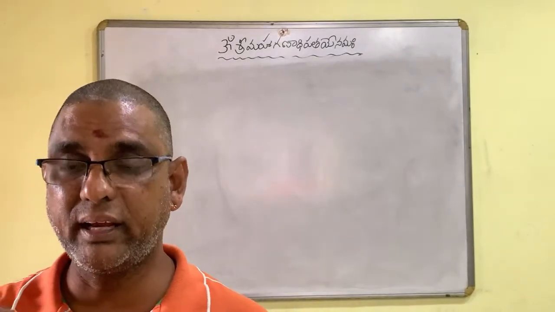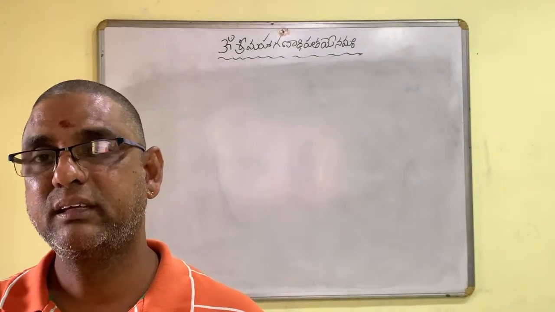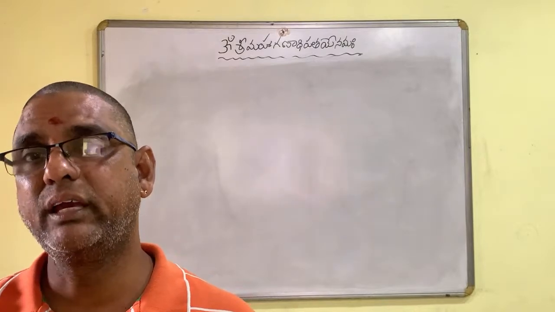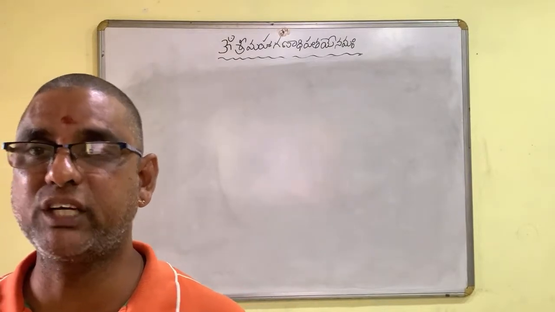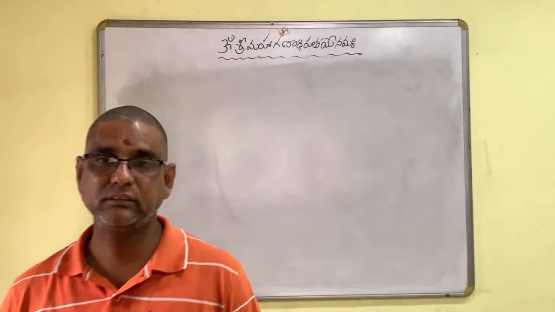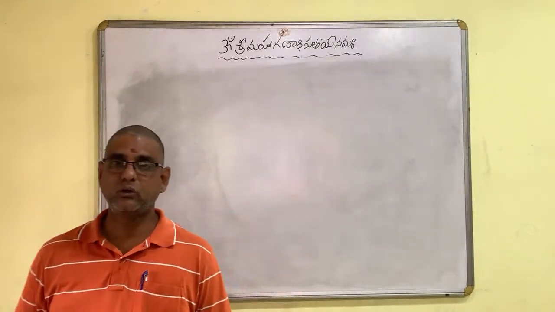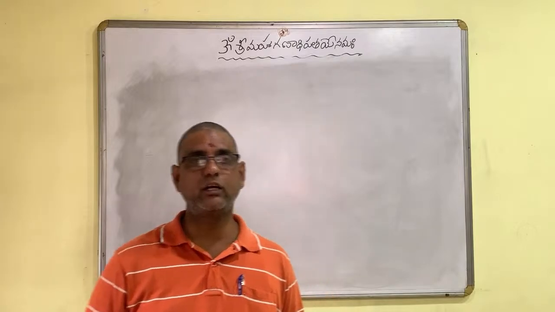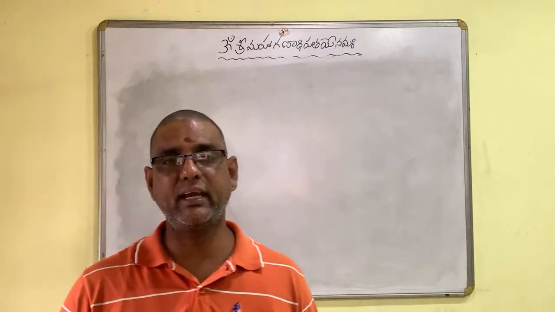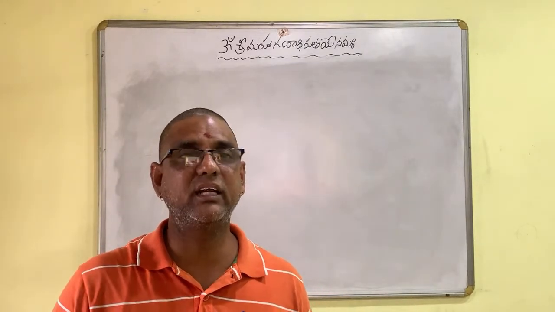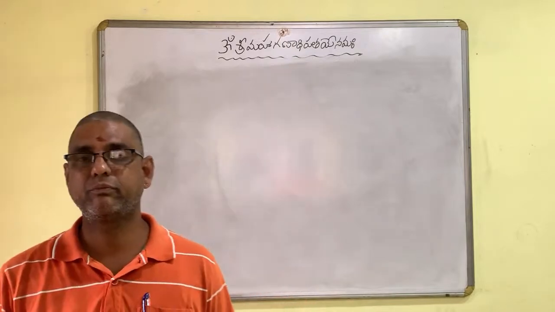A regular polygon means having the same shape, having equal angles and equal sides, right? A polygon is said to be regular if it has equal angles and equal sides.